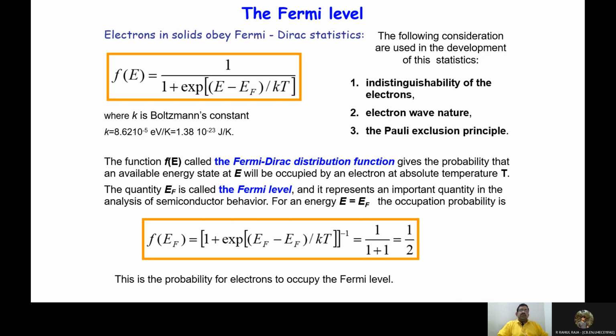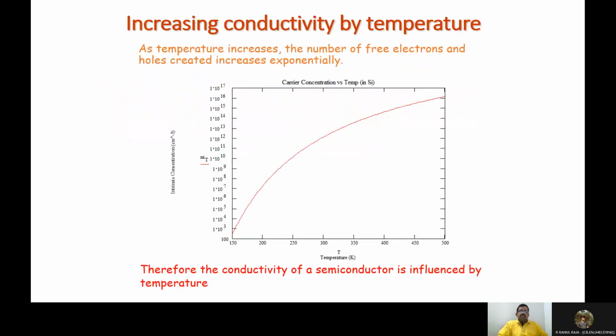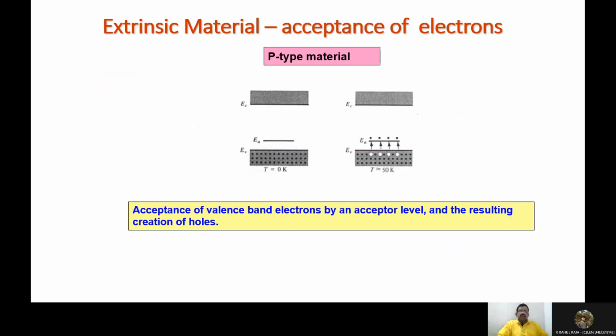Now I just want to tell you about the band gap. Within the band gap, look at this picture. Within this band gap, there could be a value for the Fermi-Dirac distribution function.